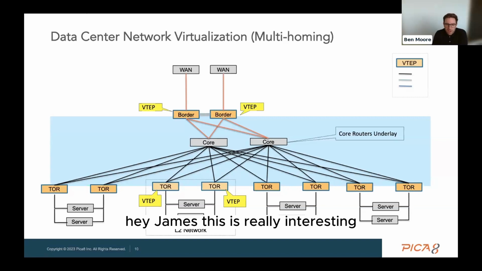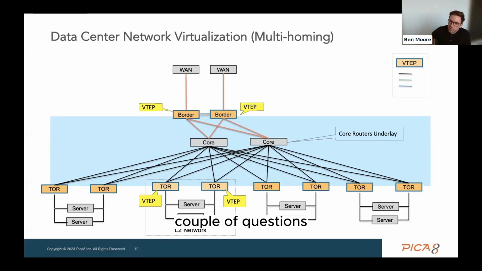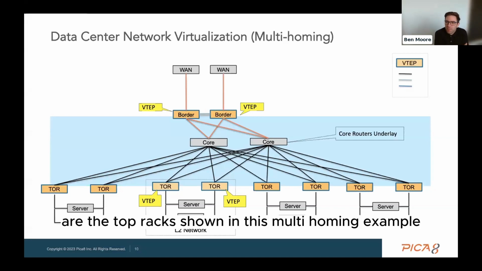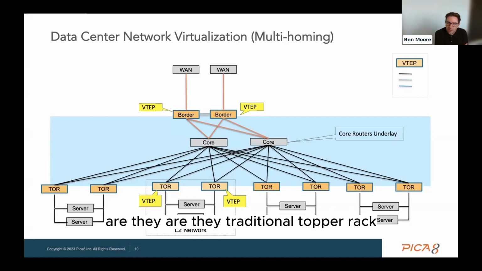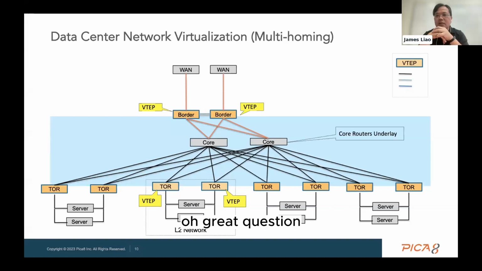Hey, James. This is really interesting. A couple of questions. One that came in is on this particular diagram: are the top of rack switches shown in this multi-homing example traditional top of rack, or are they enhanced top of rack with hardware VTEP built in? Oh, great question.